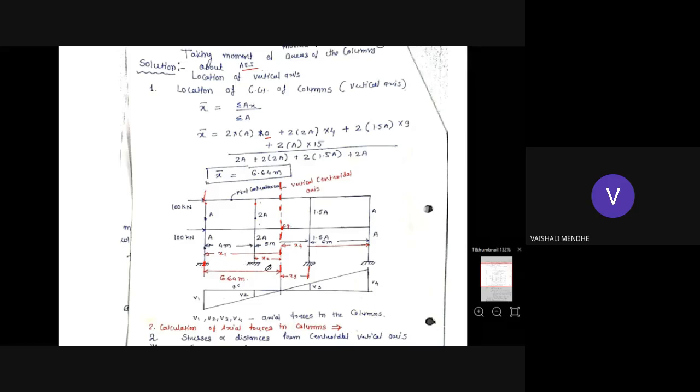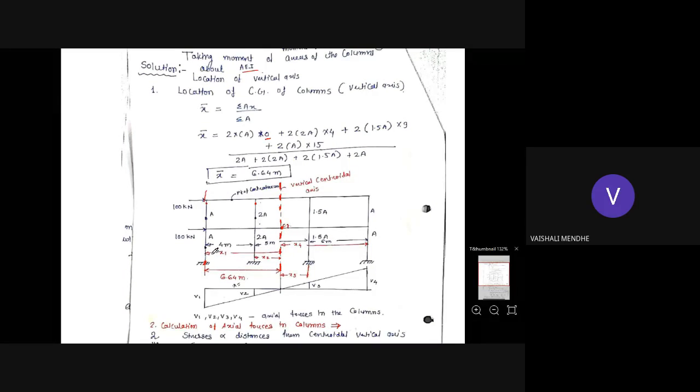Okay, it is located at a distance of 6.64 meter. Now once you get this value x bar, you can find out the distance of each column member from the centroidal axis. So like this column member, first column, upper and lower story, what is the distance of this column member from the centroidal vertical axis? It will be same as x bar. यहाँ से यहाँ तक का distance जो रहेगा, that is x bar, which is equal to x1.